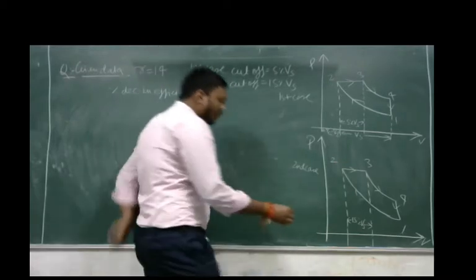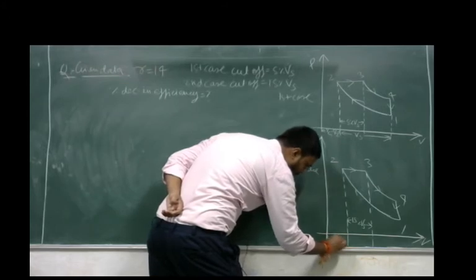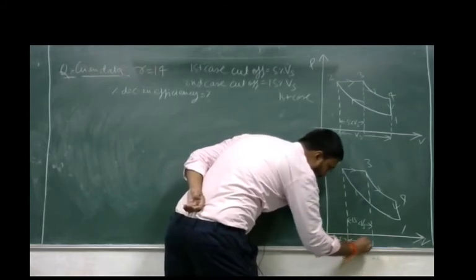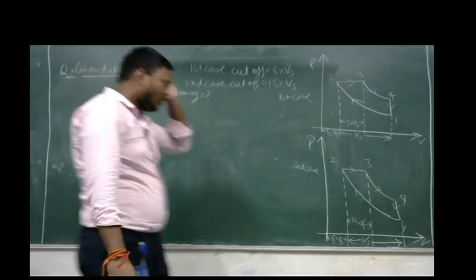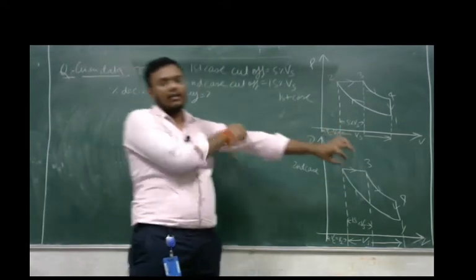And we know very well that this is the clearance volume Vc, which is equal to V2, and this is the stroke volume Vs.